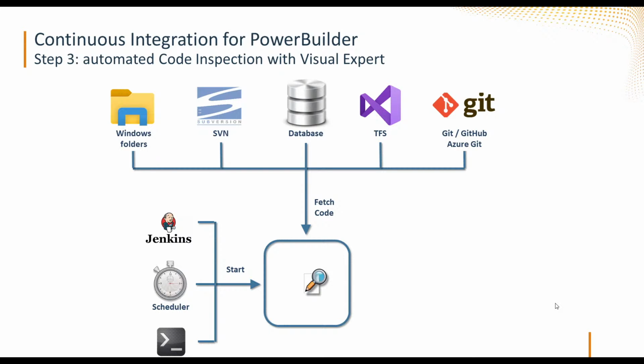If it's a PowerBuilder application, for example, you may have targets and PBLs in your Windows folders, or you can fetch the code from a source control, SVN, TFS, Git. And if it's database code, because we're talking about PowerBuilder, but also Oracle PL/SQL and SQL Server Transact-SQL code, you can fetch the code directly from the database together with the database structure.